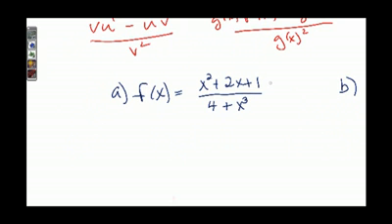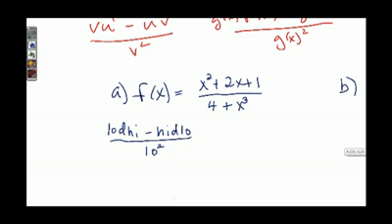So this is going to be the top up here and this is going to be the bottom. Alright, let's just do the formula again. Low d high, that means bottom times the derivative of the top, minus high d low. It's always the second one that's being derived. You always start from the bottom to work your way up and then back down, if that makes sense. So let's apply it.